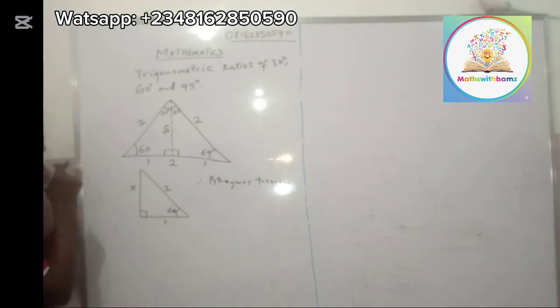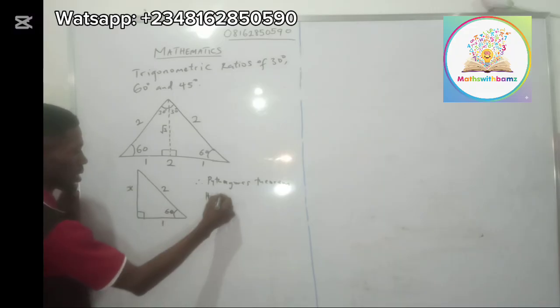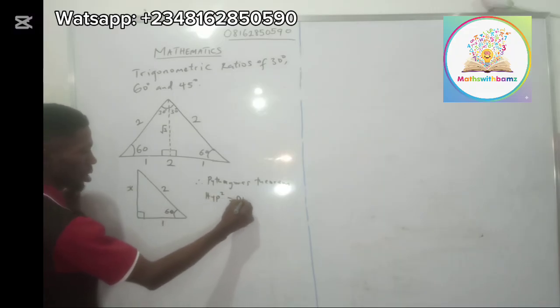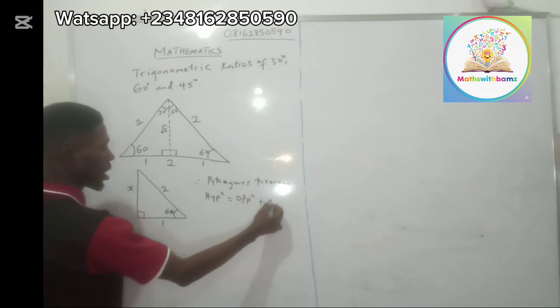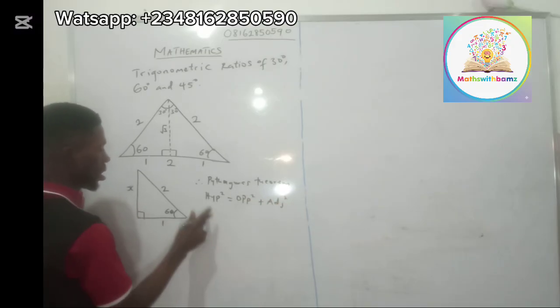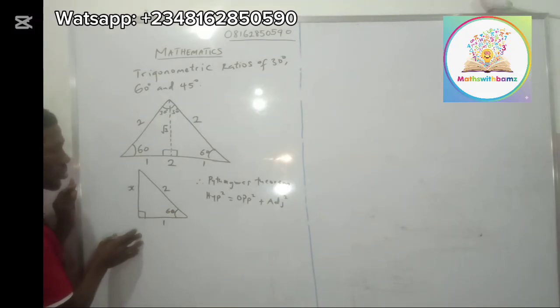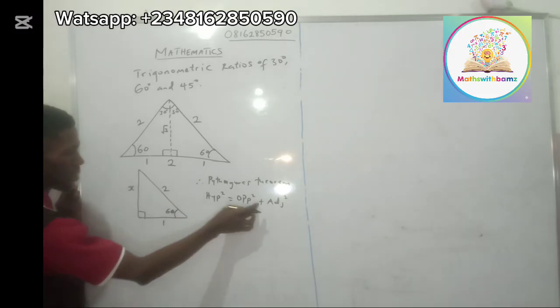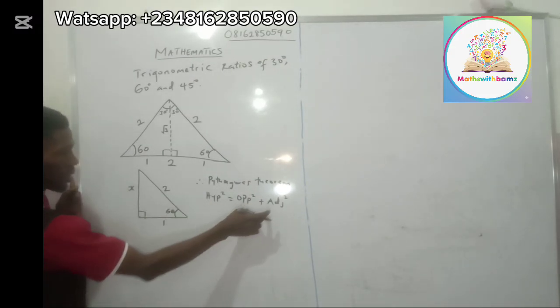The Pythagoras theorem says the hypotenuse squared equals the opposite squared plus the adjacent squared. The hypotenuse is the longest side, facing the 90 degree right angle. This one is the opposite, and this one is the adjacent.